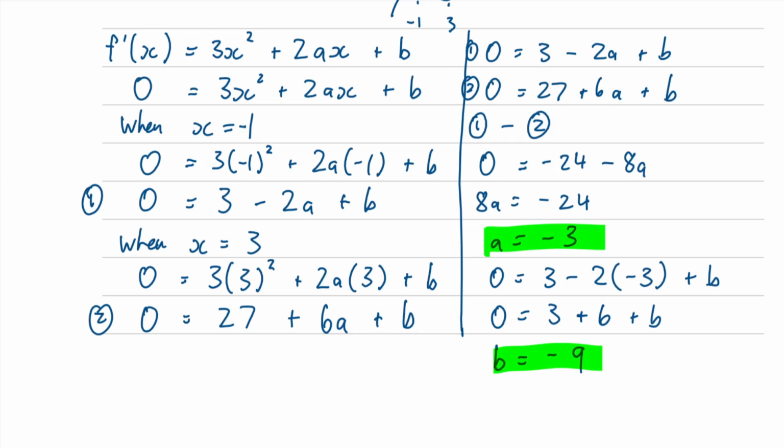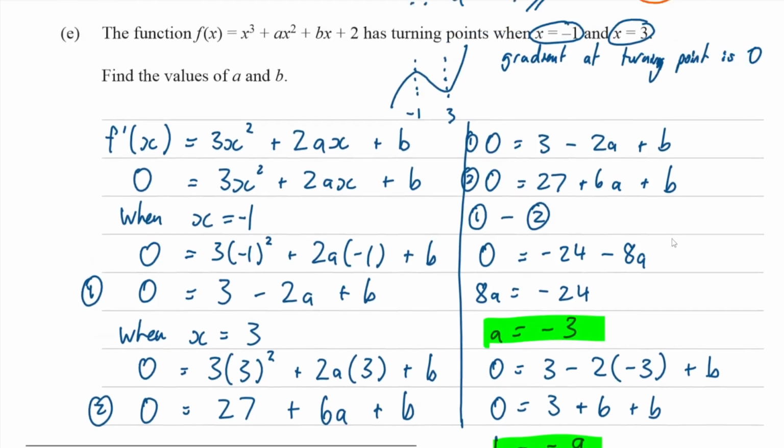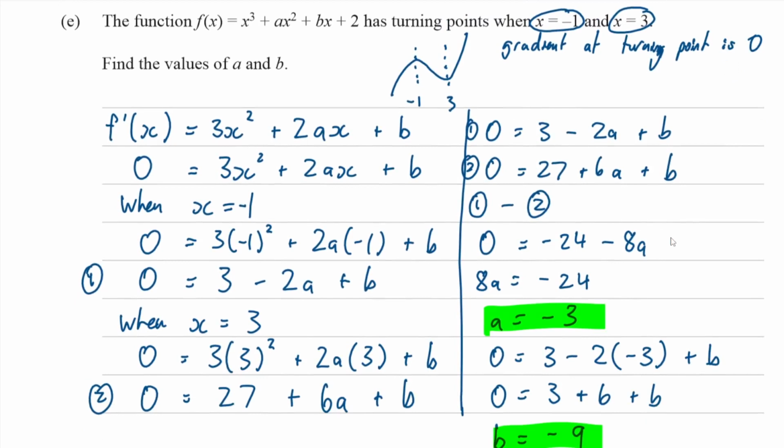Alright, so let's go over that one real quick. It was a cubic function with some unknown parameters a and b, which we had to find. However, we were told what the turning points were, the x values, so we found the gradient function and equated it to 0, which is an achieved skill.